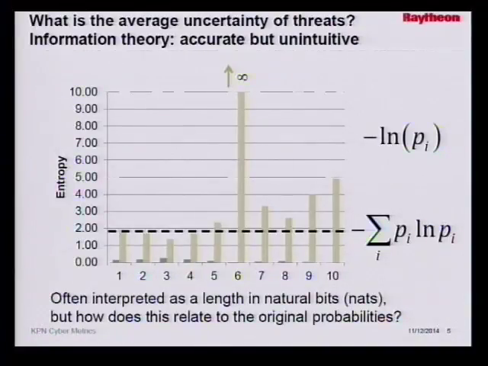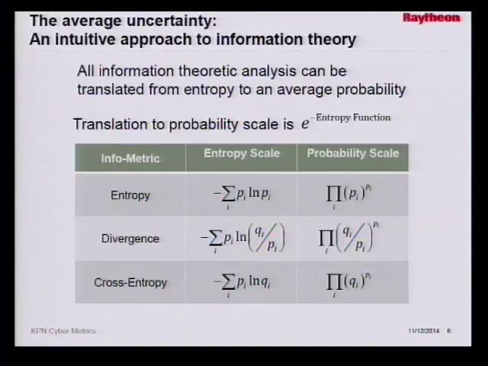And I do get an average, but I no longer have any intuition about what that number means. So it turns out that missed in the whole revolution in information theory was that Shannon actually taught us a way to calculate the average probability, but we typically don't use this. And I think it's important in our work that we translate back to a probability.